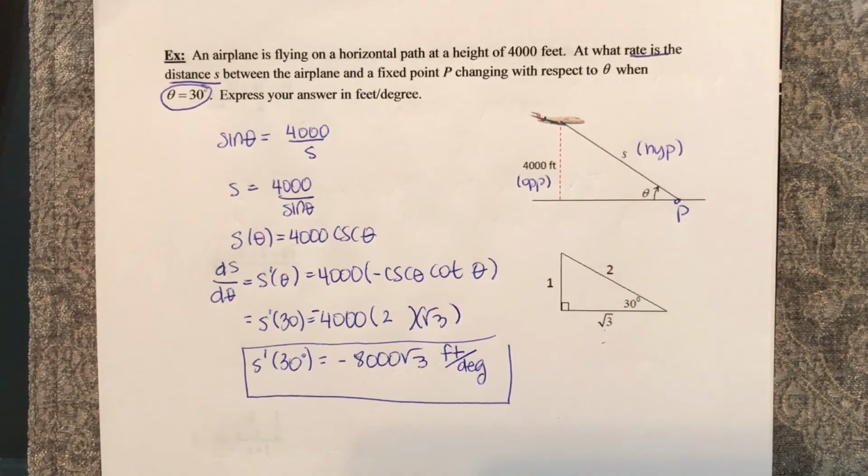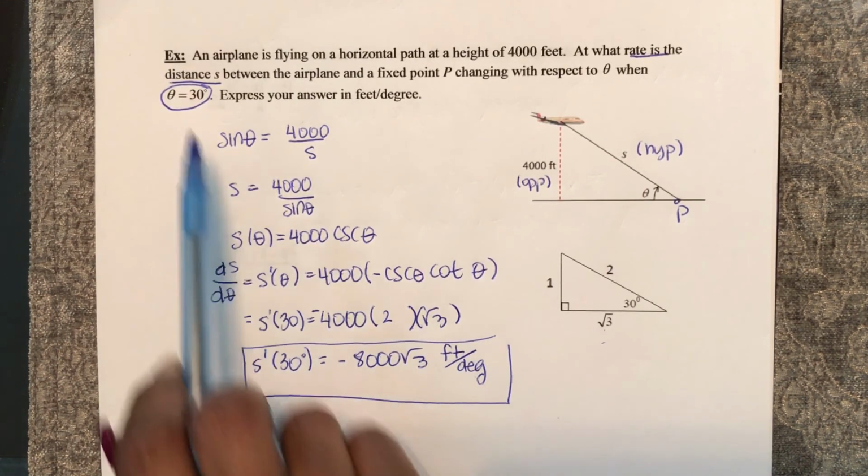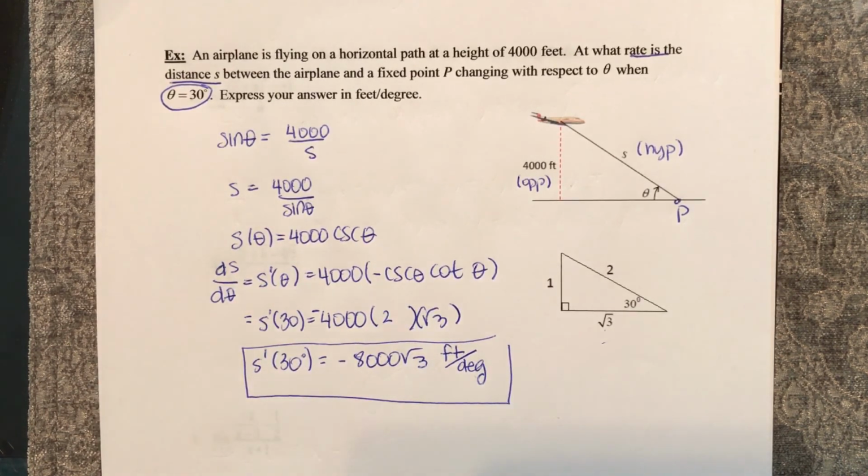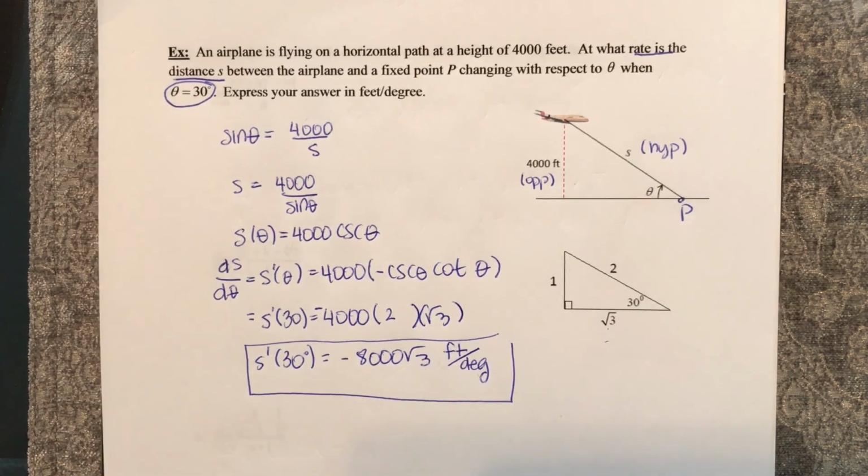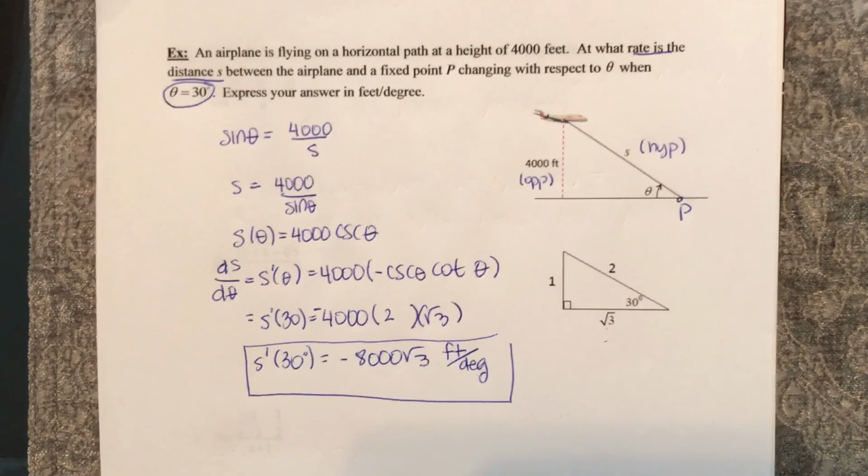So if I wanted to write a sentence answer, I would say the distance S between the airplane and P is changing at this value, feet per degree, at the time that theta is 30 degrees. So sometimes you have to write your answer as a complete sentence.